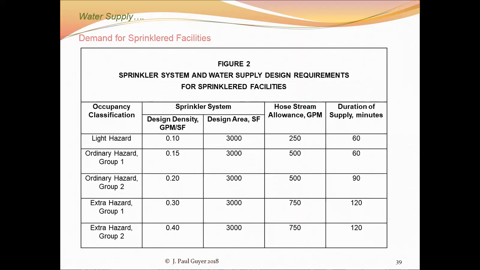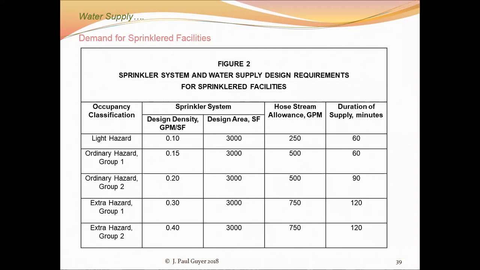So that means that you need 33,000 gallons of water for fire protection purposes. So if you didn't have a municipal water system, you would build a tank of that size, and that would be your fire protection water.